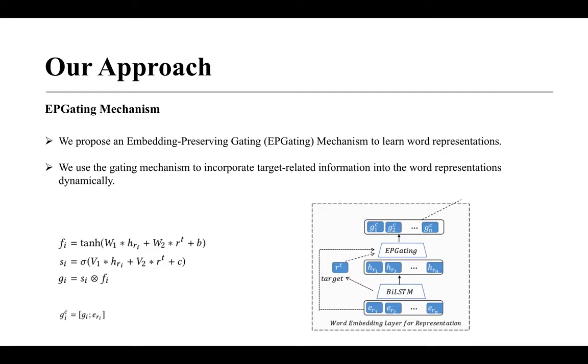To alleviate this problem, we try to incorporate the original word embedding (ERI) and propose an embedding preserving mechanism which conducts a concatenation operation, similar to the residual connection, between GRI and ERI.